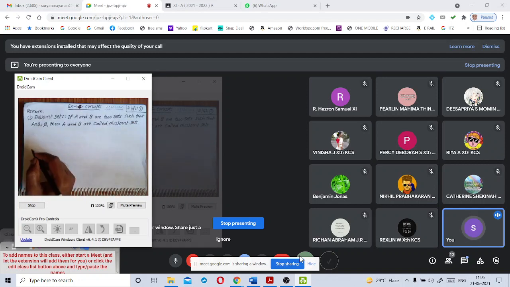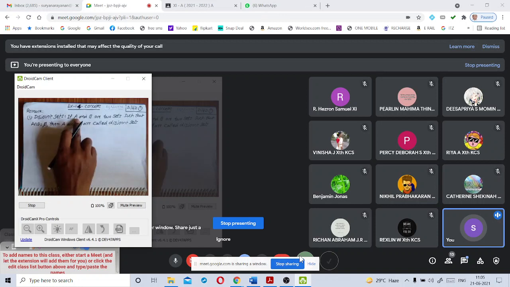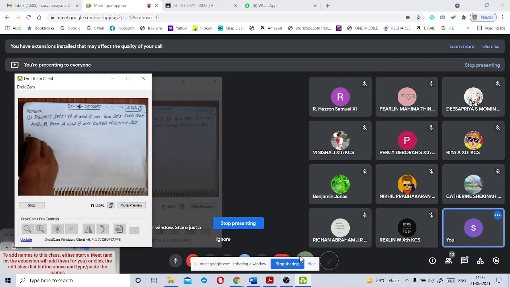This is about disjoint sets. Disjoint sets means there is no element in common for both sets A and B. Then the two sets are called disjoint sets.